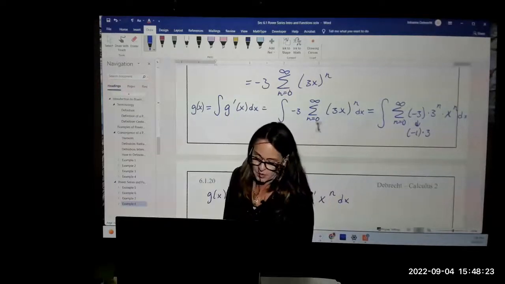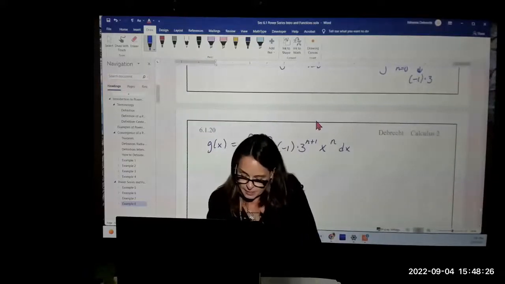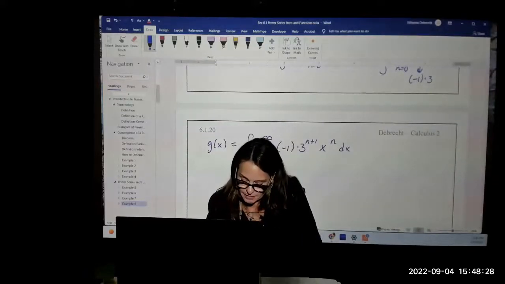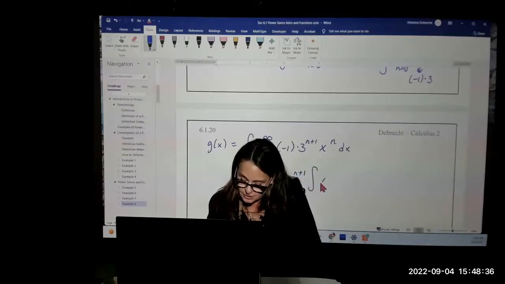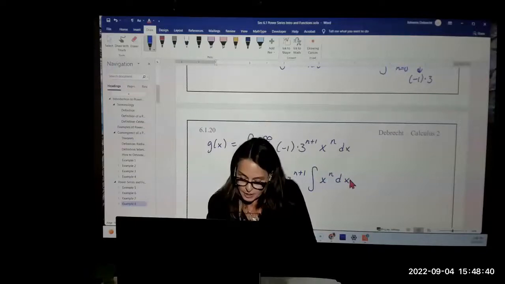So we can pull the integral inside of the summation, and we have the summation. The negative 1 and the 3 to the n plus 1 are considered constants for the integral, and we get x to the n dx. And then we can apply the power rule. We know what that does.